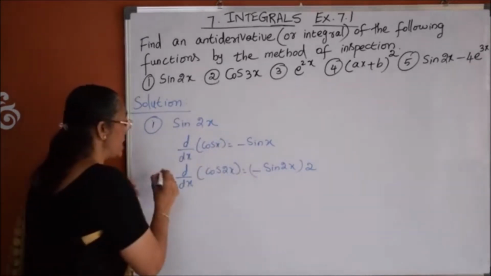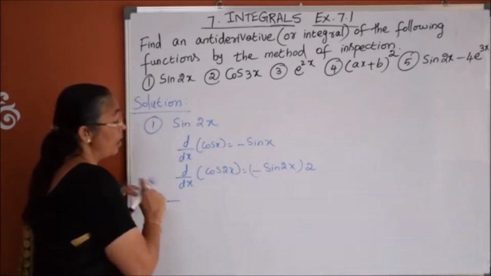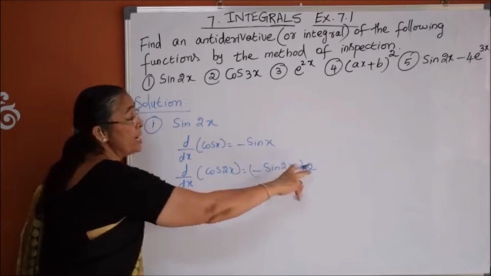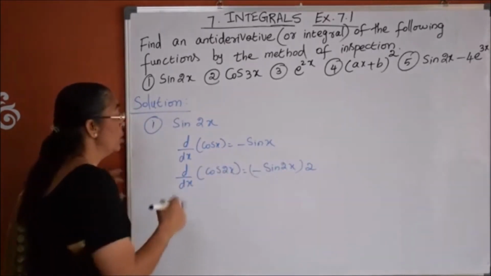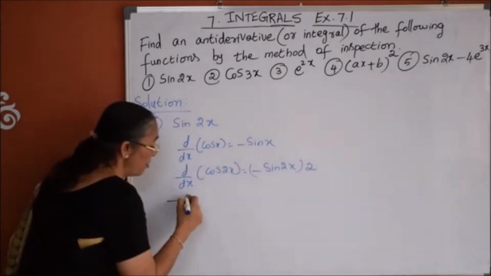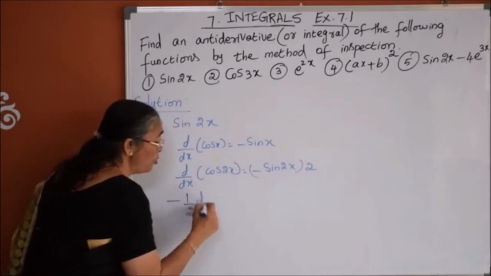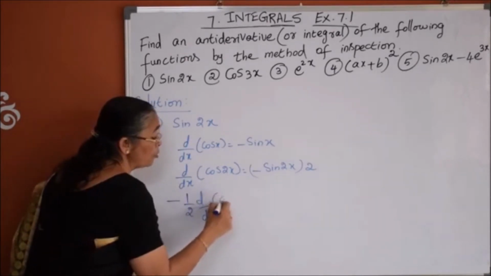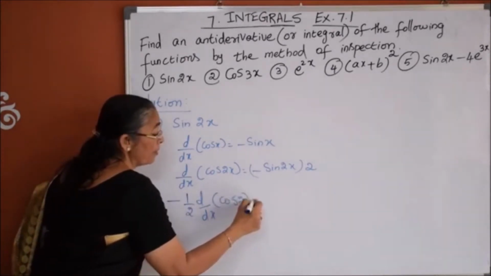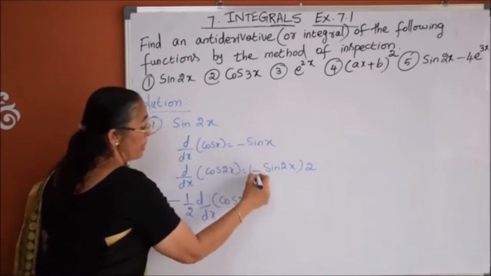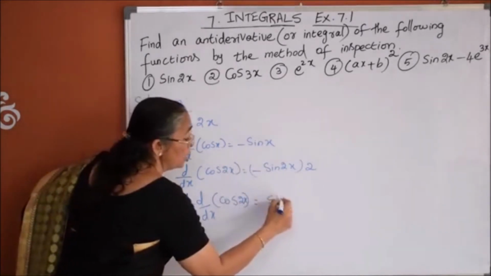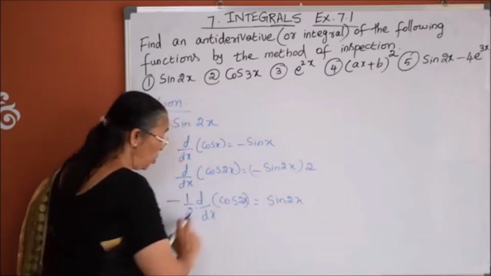Since a negative sign is there, I will multiply throughout by a negative sign and divide throughout by 2. That is minus 1 by 2 of d by dx of cos 2x. We will get minus into minus, plus sin 2x into 2 by 2.